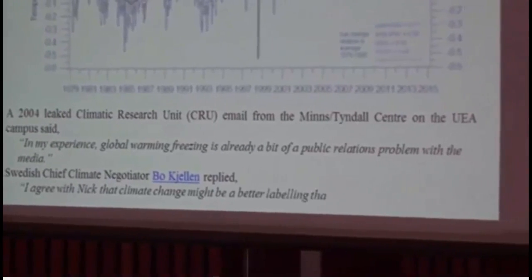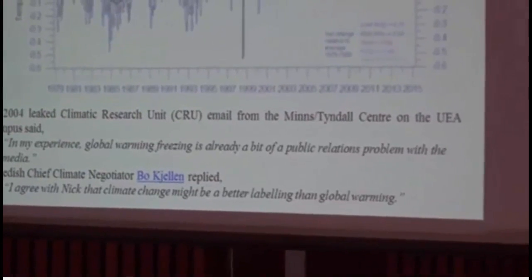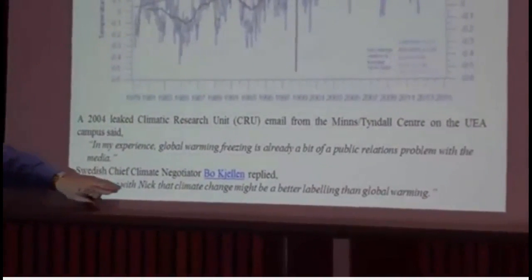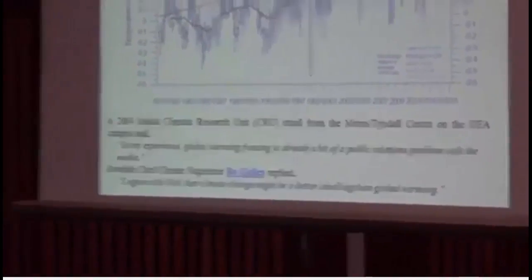And of course I had to tell people that global warming was just another undelivered government promise. But then Swedish chief climate negotiator Bo Yellen replied, I agree with Nick that climate change might be a better labeling than global warming. So they knew what was going on. This is all worked out and planned out.